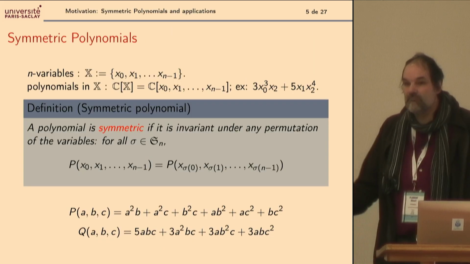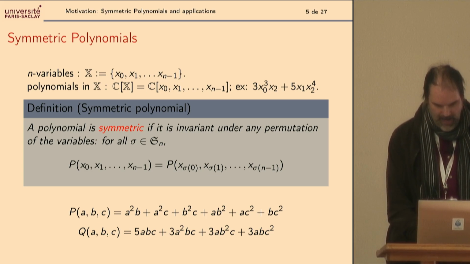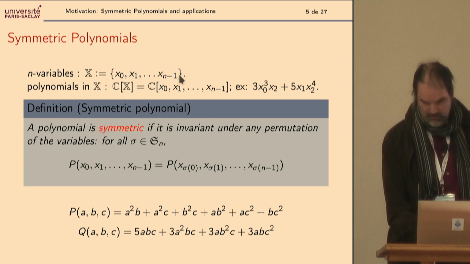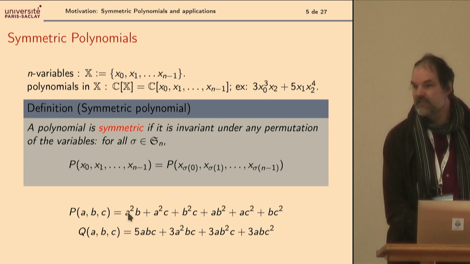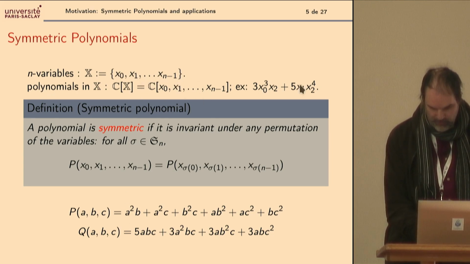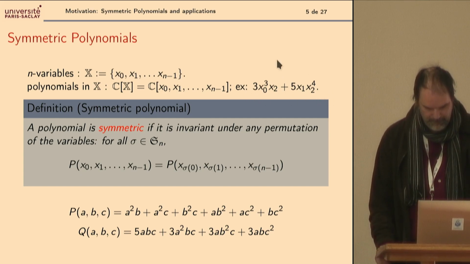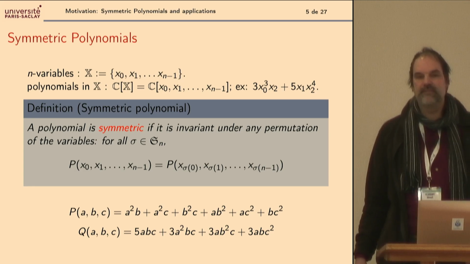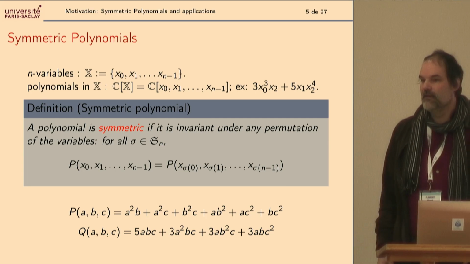So let's try to give you an idea of what it is about. I consider n variables, which in the example would be a, b, c, d. And I consider polynomials in all those variables. So here is a polynomial expression. And I say that a polynomial is symmetric if it is invariant under permuting the variables.